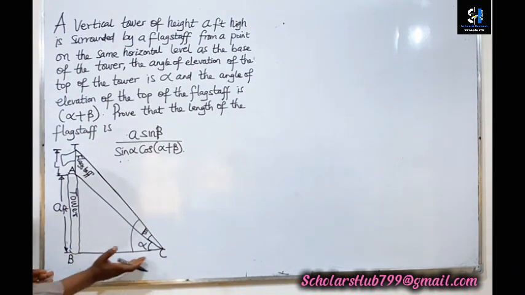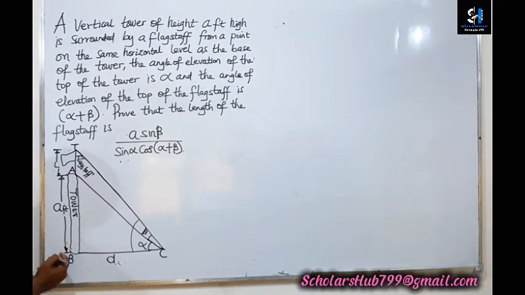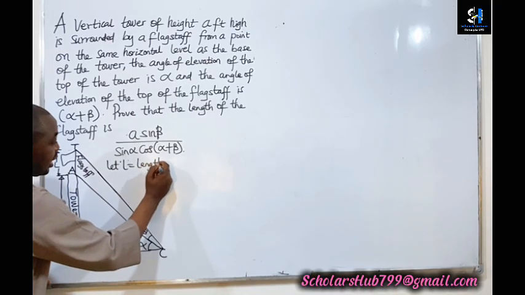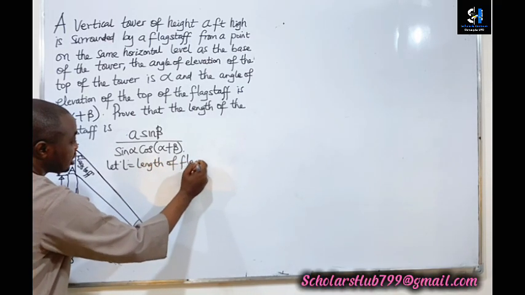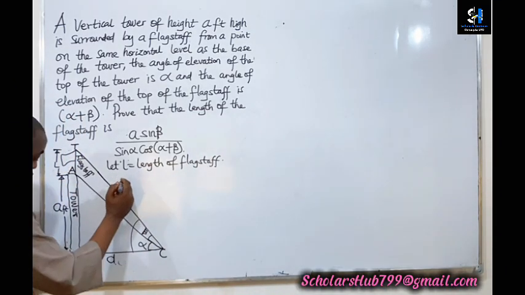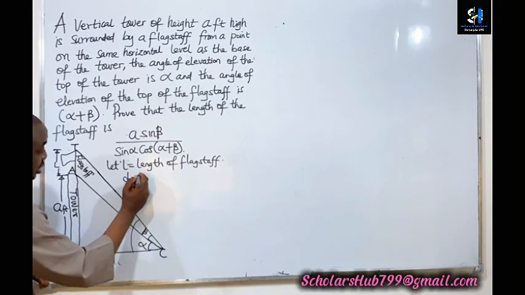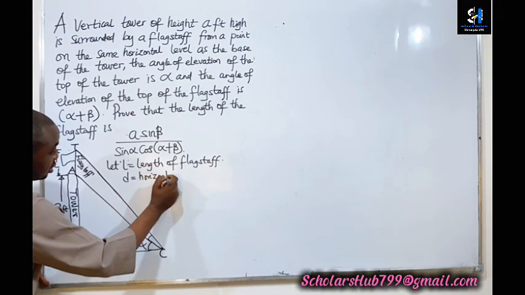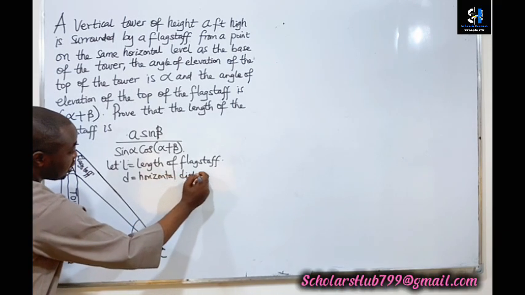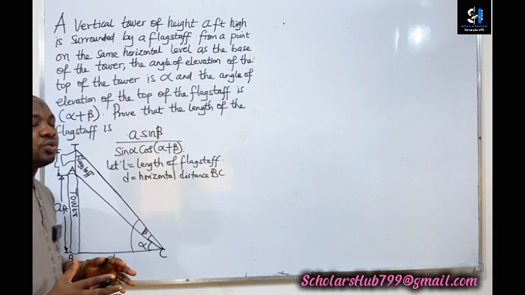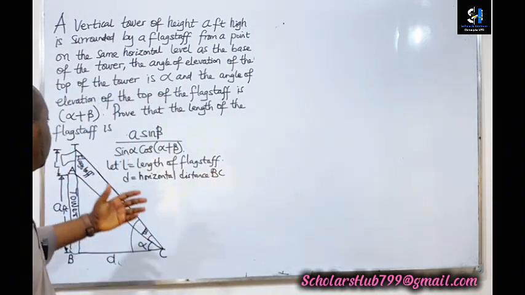Let L equal the length of the flagstaff. Then we can also represent the horizontal distance BC as D. All right, so now we want to prove this identity.